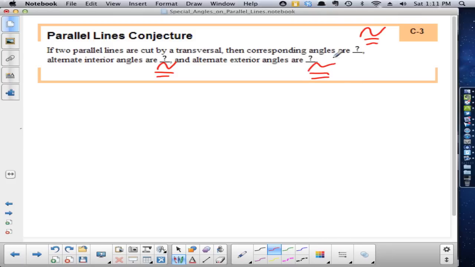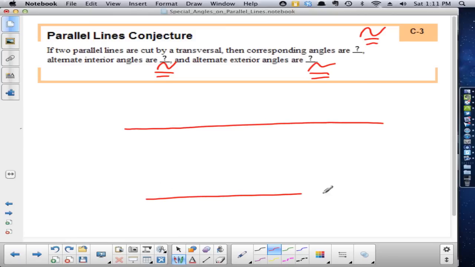So then the next question I have for you, what if I just happen along, as I'm living my life, and I'm walking down the street, and I see two lines, and they're cut by a transversal. And I pull out my trusty protractor, and I measure this angle right here.